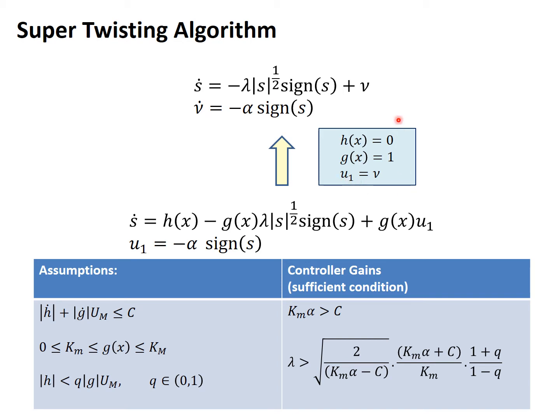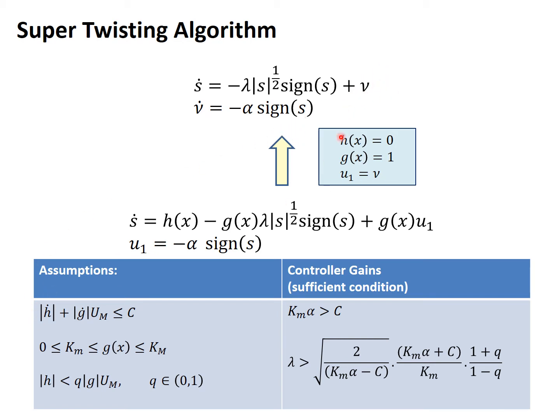So when you know these are the values of the quantities in the form for which we have proved convergence, you can set the gain conditions of lambda and alpha for this particular form, knowing that Hx is 0, Gx is 1, and this U1 is the same as the new. So we don't have to do anything here, no change here.